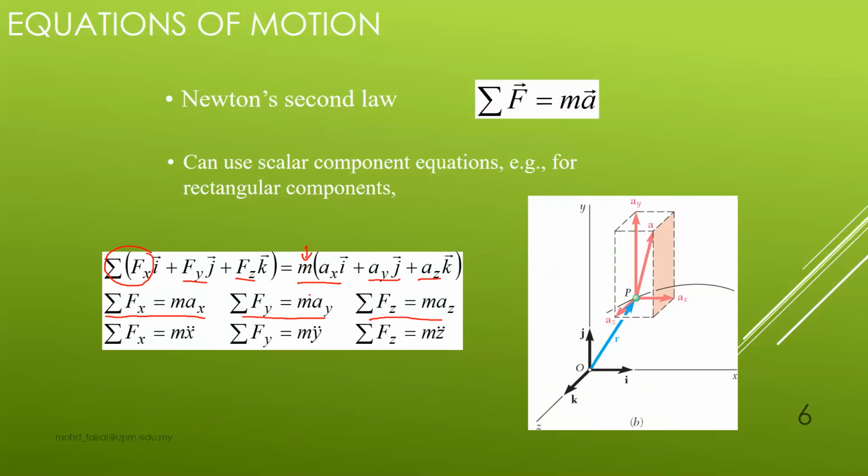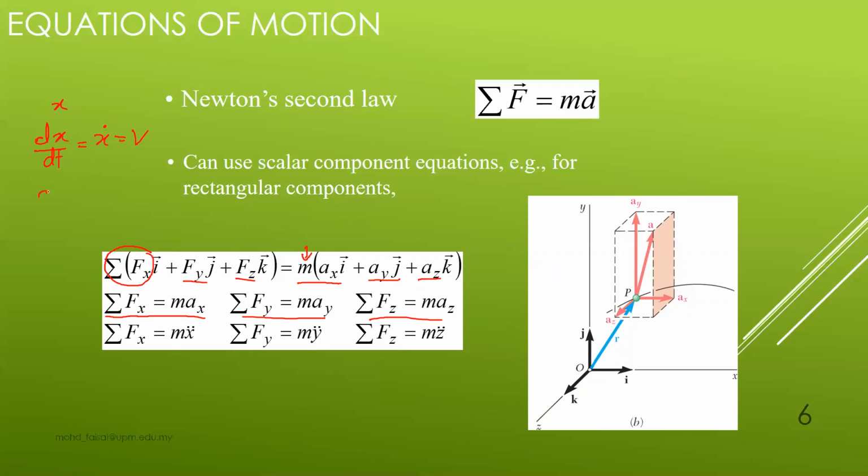And we know that originally we have x for the distance, then we take the derivative of this, we get x dot, or v for the velocity.